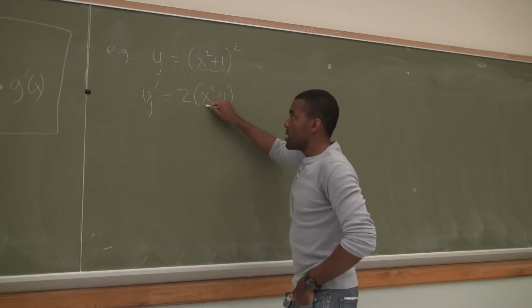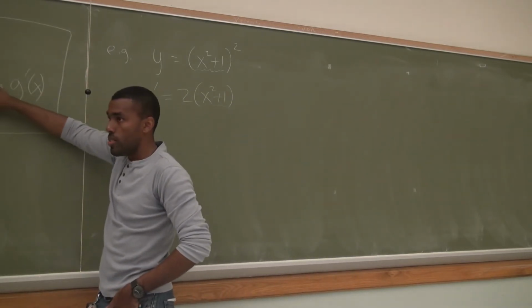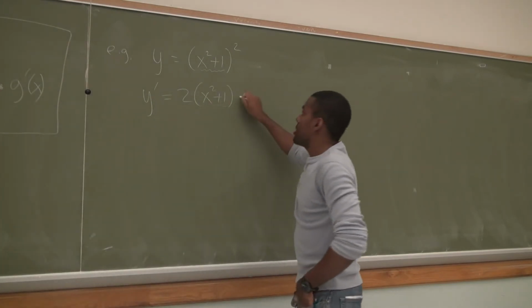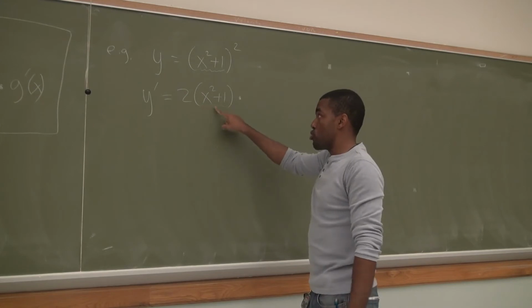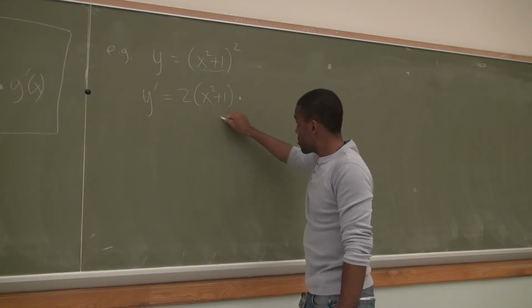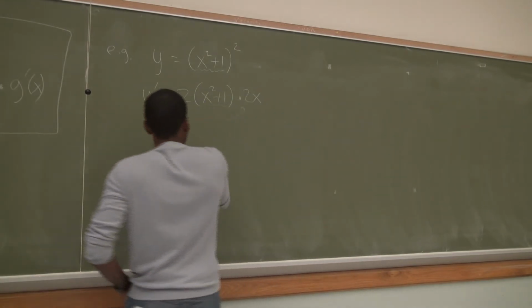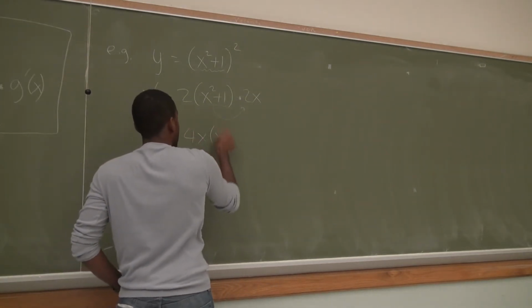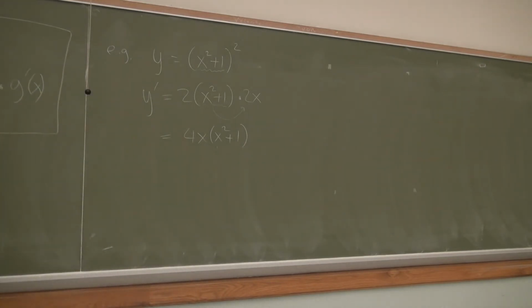Leave the inside function intact, don't do anything with it just yet, that's why it's still just g of x. Then, because it's not just x, you have to account for that somehow. You multiply by the derivative of what's inside, which in this case is 2x. So your answer here would be 4x times (x squared plus 1). That would be the derivative.